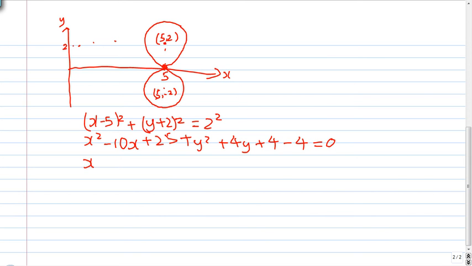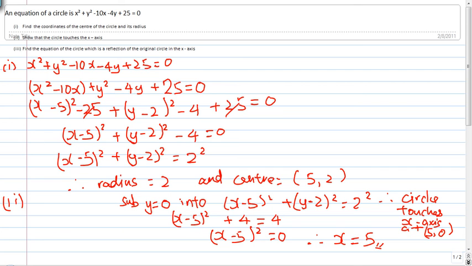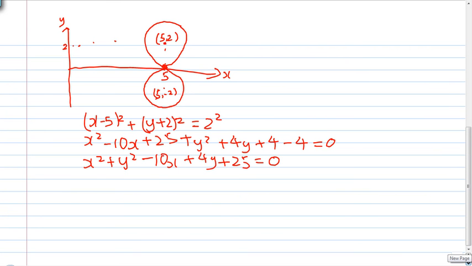And then finally you get x squared plus y squared minus 10x plus 4y plus 25 equals 0. And there you have it. This is the answer to the third part of the question, which is find the equation of the circle which is a reflection of the original circle in the x-axis. This is part 3.